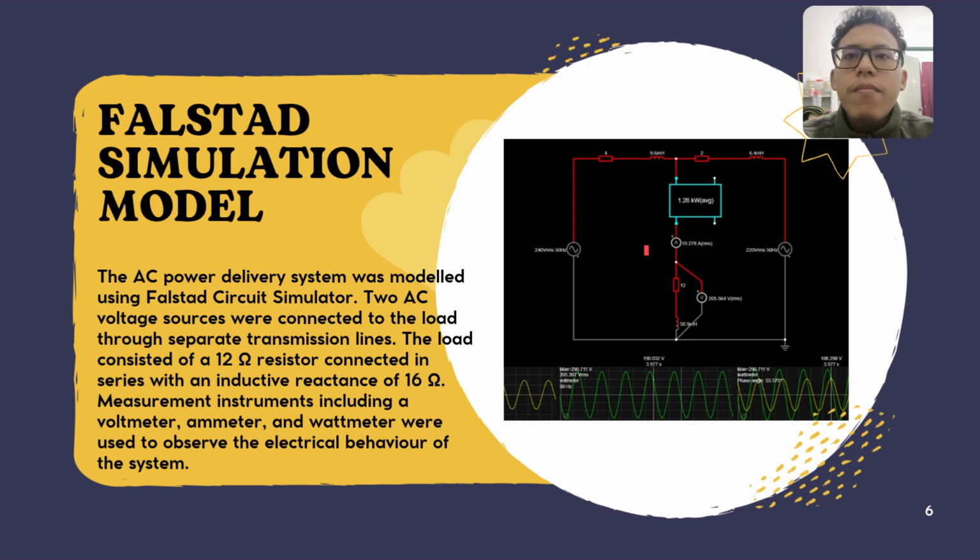Under simulation, the wattmeter records an active power delivery of 1.26 kW directly at the load. Furthermore, the real-time waveform display at the bottom of the screen allows us to visually monitor the phase shift and steady-state stability of our AC waveform.